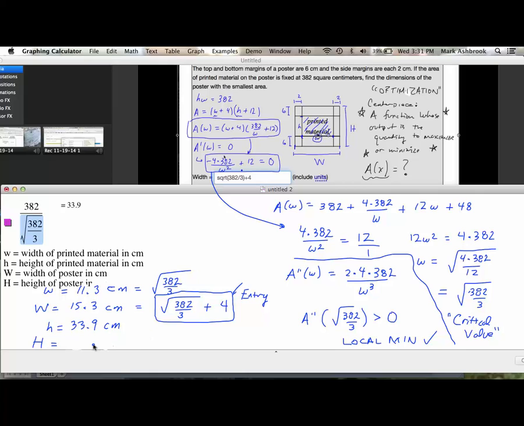Okay, and so for big H, it's going to be that thing plus a 6 for the top margin, 6 for the bottom, or 12. It looks like 45.9 centimeters. Again, the exact value would be plus that expression up here, for our big H dimension in WebWork.